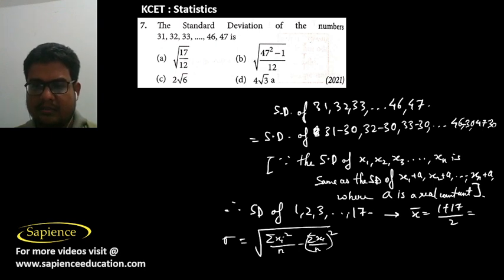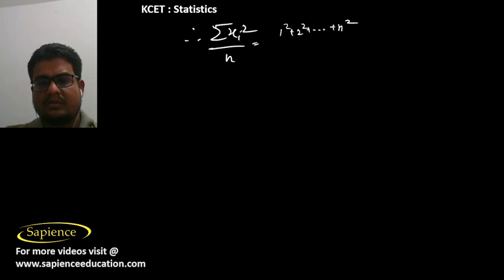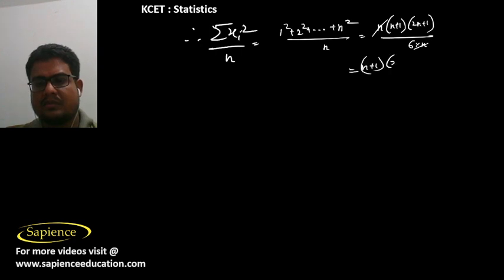So that will be 18 by 2, that is 9. And summation xi square by n will be equal to 1 square plus 2 square plus 3 square plus till n square divided by n. So that is n into n plus 1 into 2n plus 1 by 6 into n. So n cancels, so that is n plus 1 into 2n plus 1 divided by 6.